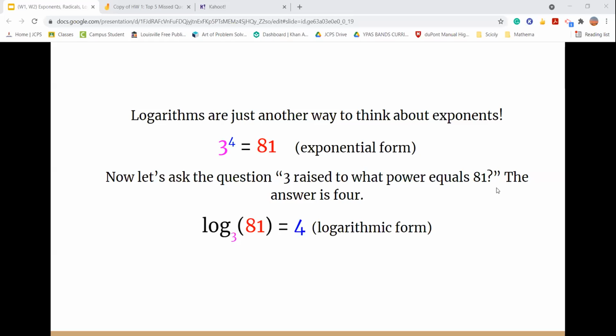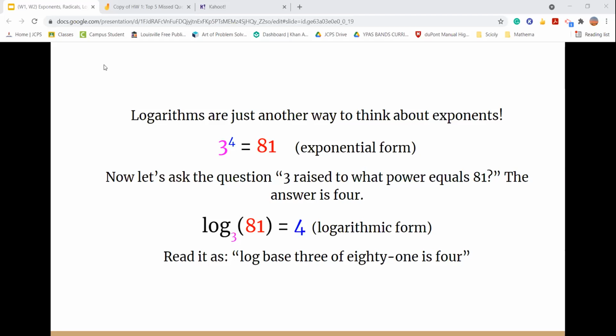That is basically asking 3 raised to what power equals 81, and that equals 4. To read this, we say log base 3 of 81 is 4. That's a little bit confusing, but just think of it as 3 raised to what power equals 81. That's essentially what the logarithm says. It's like exponents, but backwards.